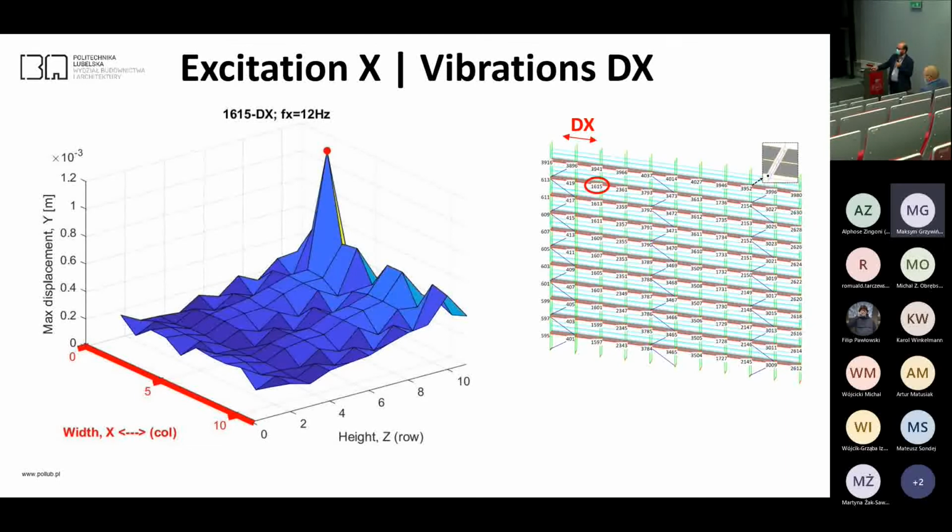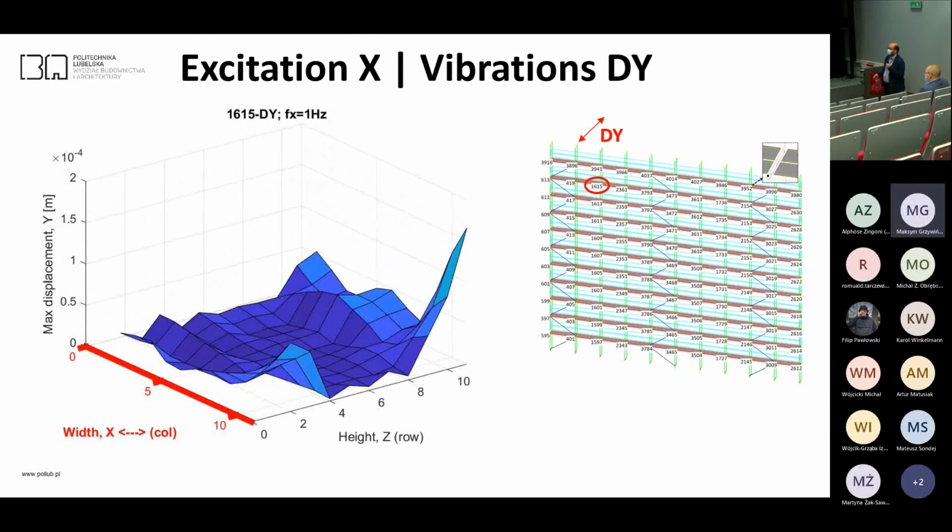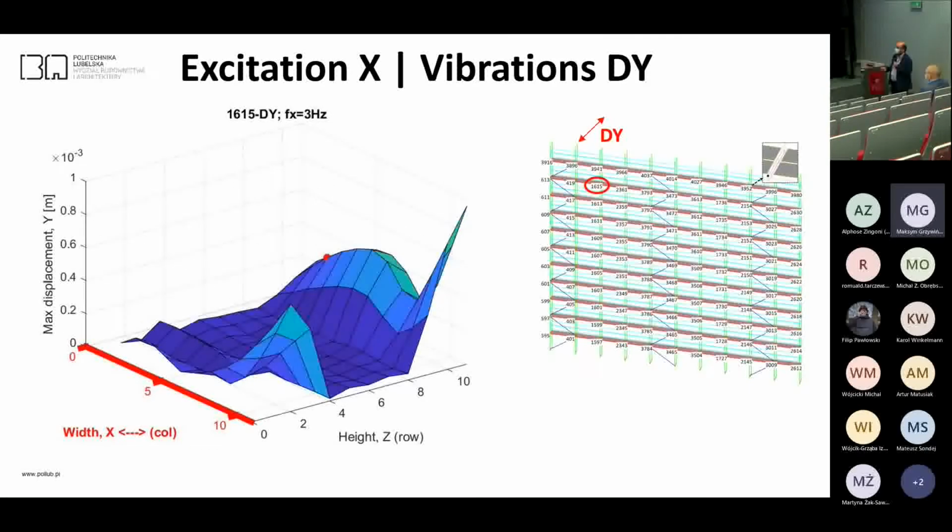This is the length of the scaffolding, and the vibrations are induced in this direction along the scaffolding, and the source of vibrations was also along the scaffolding, in this one point presented here where the force was applied. So we have the picture of 1 to 12 Hertz in one direction, and similar pictures in another direction.